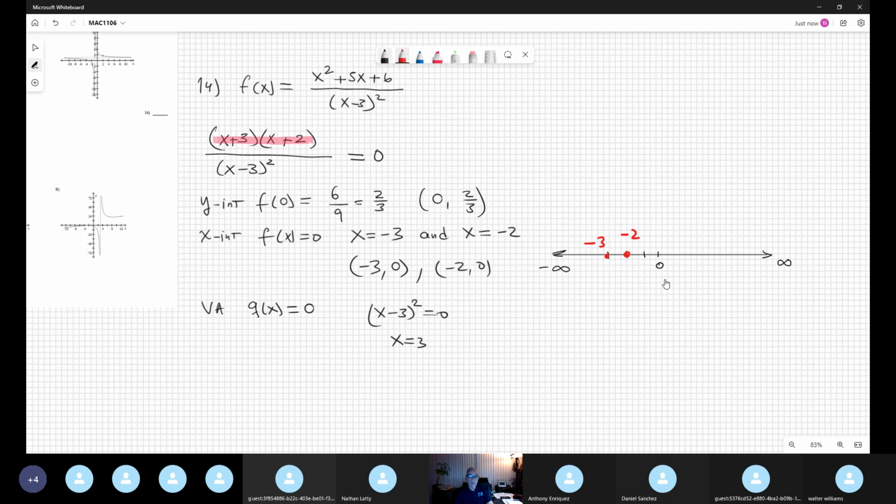But we have another important point, which is positive 3. 1, 2, and 3. At positive 3, we have the vertical asymptote. And remember, we have 4 kinds of behavior. But in this case, I suppose they look like that. Why like that? Because it's a square, and when you square, it always becomes positive.